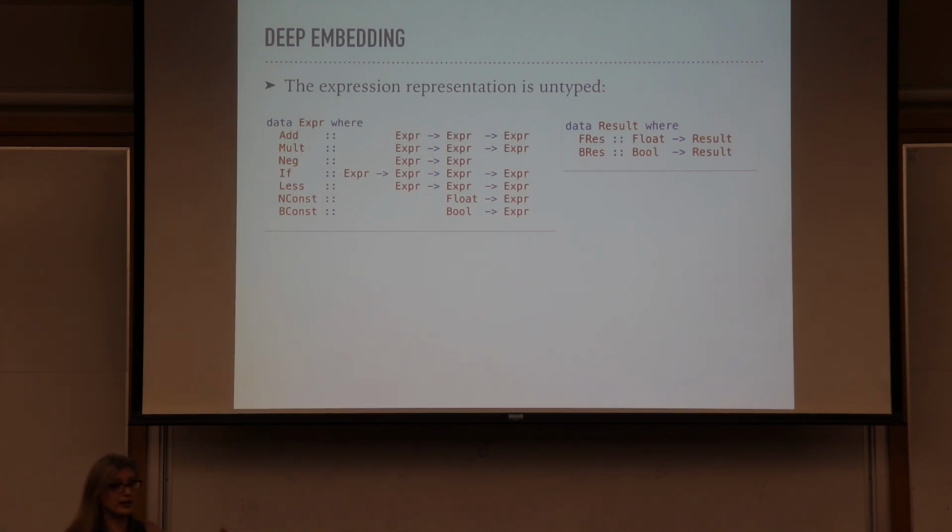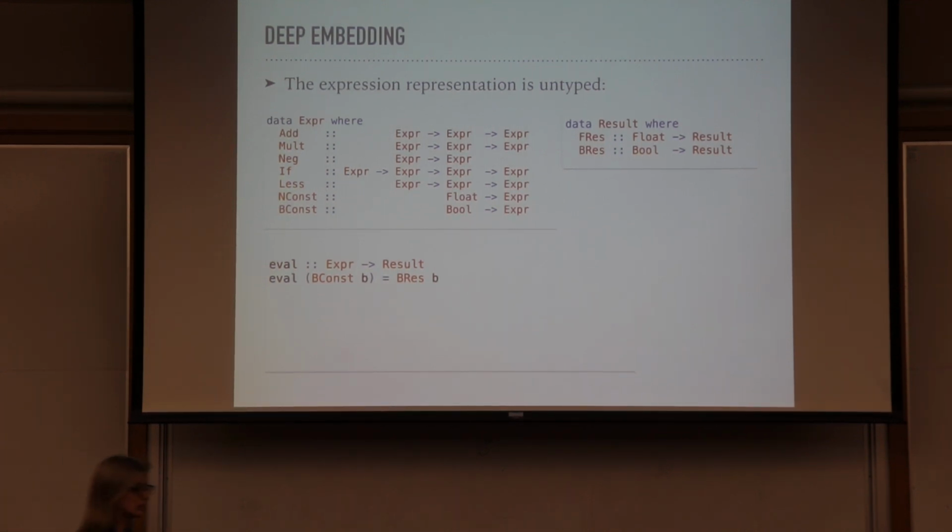So I lose information both in the expression tree, but also the evaluator itself has less type information. And now, as a result, it gets a bit more complicated. So I take the Boolean value out of the box just to put it into another box.